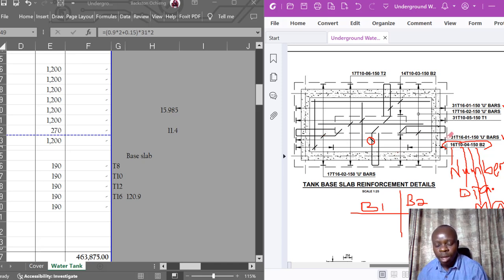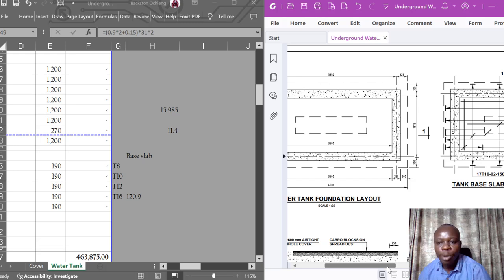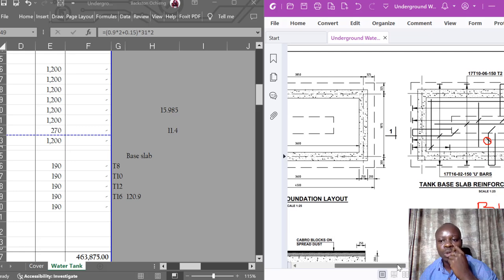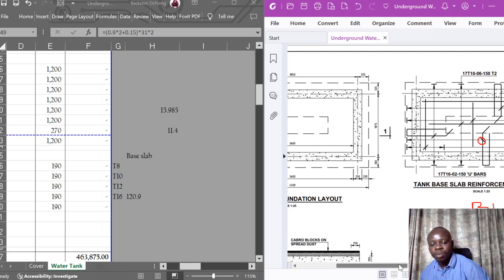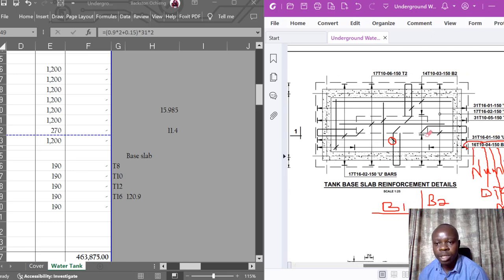A quarter of the entire length. So in this case, a quarter of 4.5, that one goes to around, let's say 1.1. I will take 1.2 for that stretch on the upper side and also the equal length on the lower side.